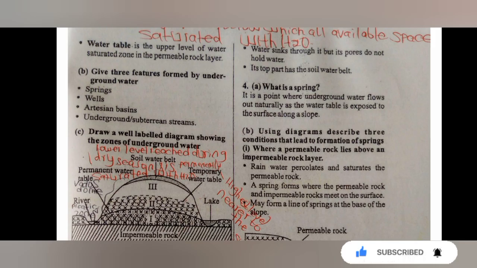Now, having talked about that, we can start talking about what a spring is. A spring is a point where the underground water flows out naturally as the water table is exposed to the surface along a slope.